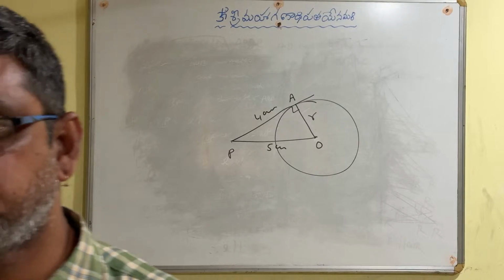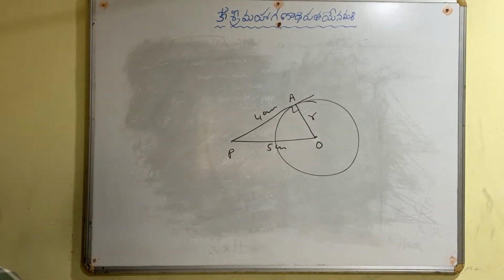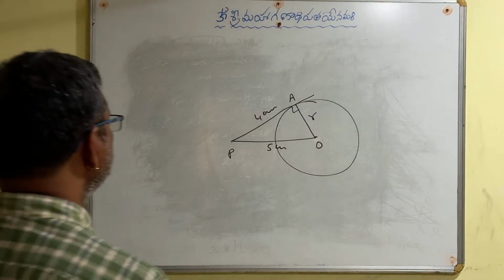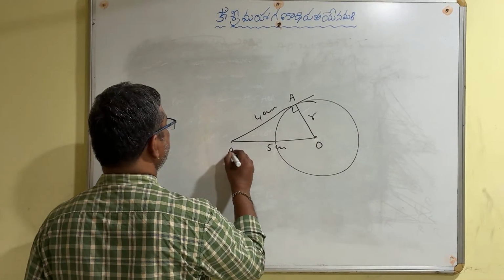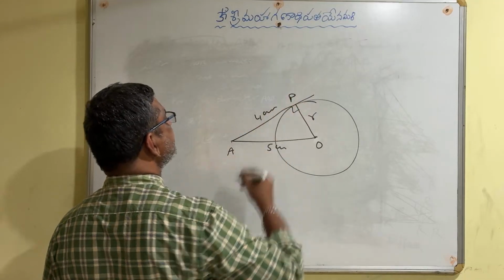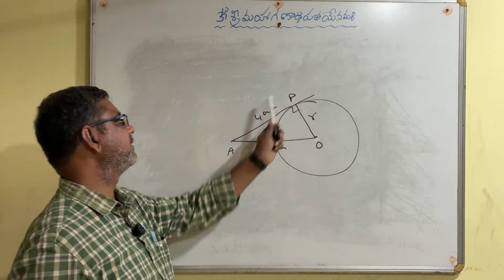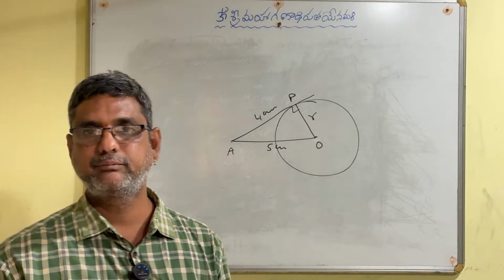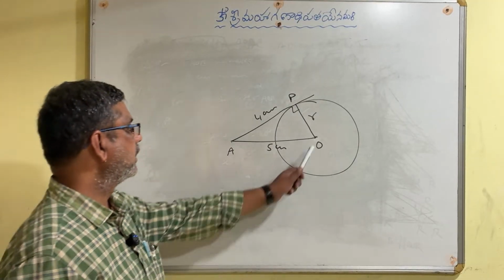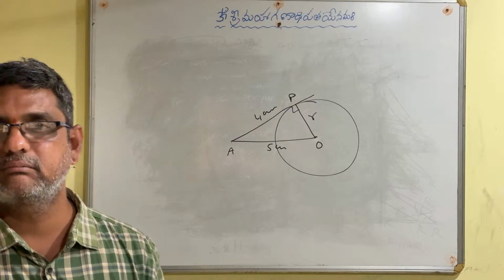This is the question. Read the question once again. Length of the tangent from a point A at a distance of 5 centimeters from the center. This is given as A, and let this be P. So AP is given as 4 centimeters and OA is given as 5 centimeters.